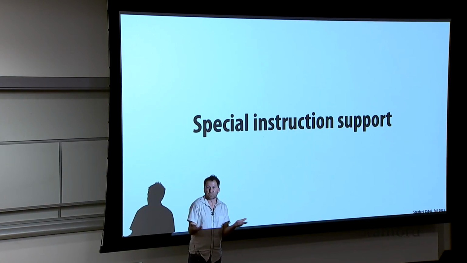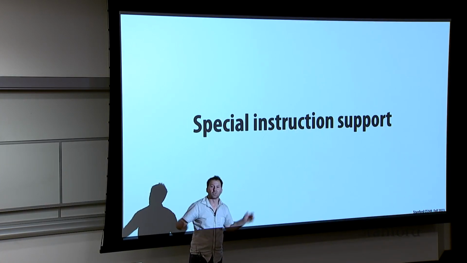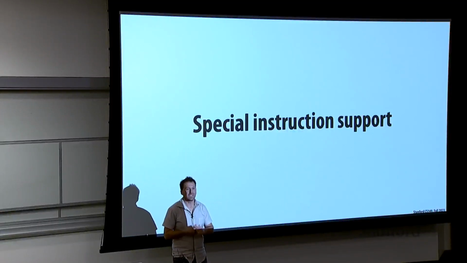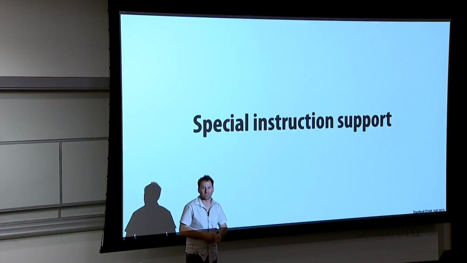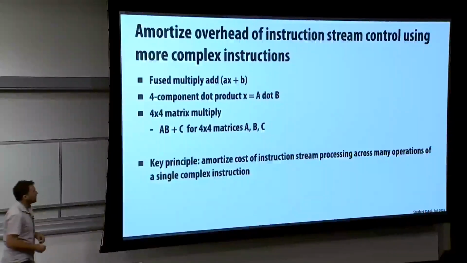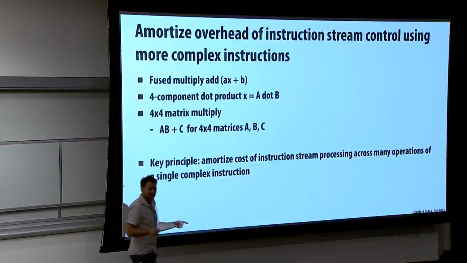That's correct, but so what? Why not just build a whole bunch of little processors? The idea is to amortize non-math work, instruction stream control, data access, whatever, across that same operation. Okay? And we don't have to stop there with a SIMD instruction.